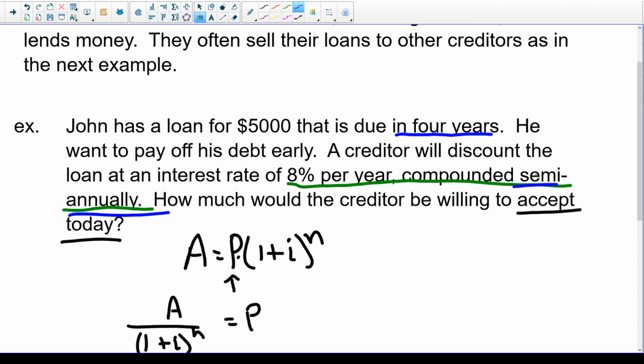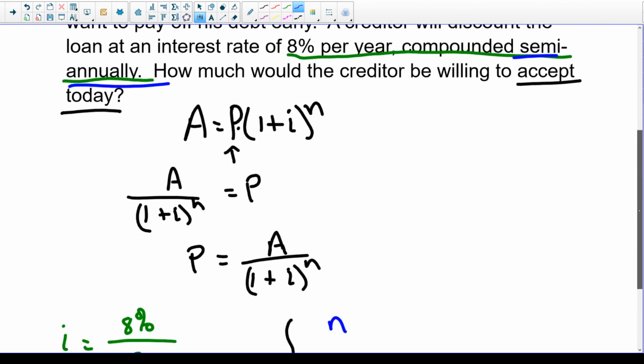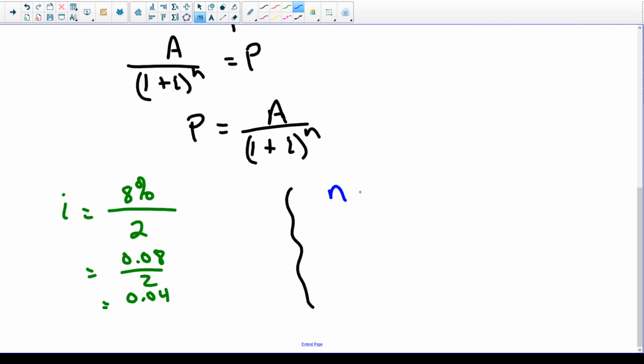So instead of compounding monthly, this creditor has broken it down to compounded semi-annually, same amount of time, but that is technically giving John a bit of a deal on his loan, okay? So, 4 years semi-annually. We always multiply by our compounding frequency to find our n value, and that gives a number of 8, okay?